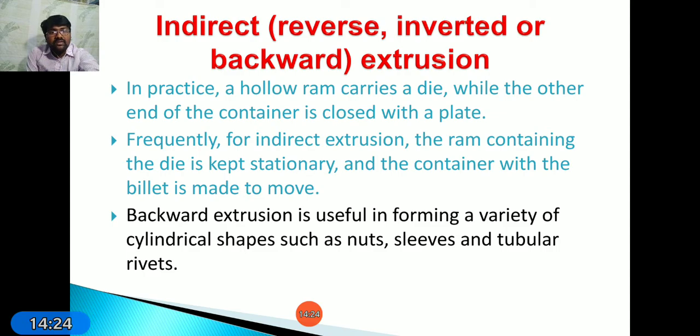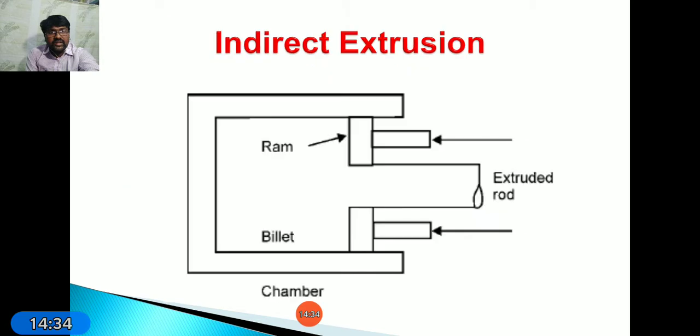Backward extrusion is useful in forming a variety of cylindrical shapes such as nuts, sleeves and tubular rivets. Here it is the indirect extrusion, with the chamber and the ram. The ram is fixed but the cylinder moves in the opposite direction. Due to this, the extruded rod will be formed.